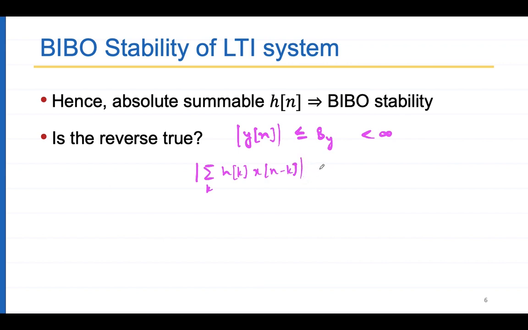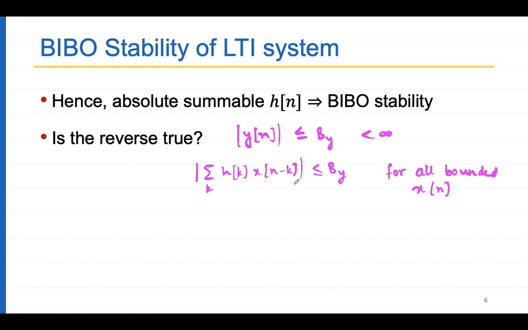Now this has to be true for all bounded x of n, and I want to prove that h[n] is absolutely summable.